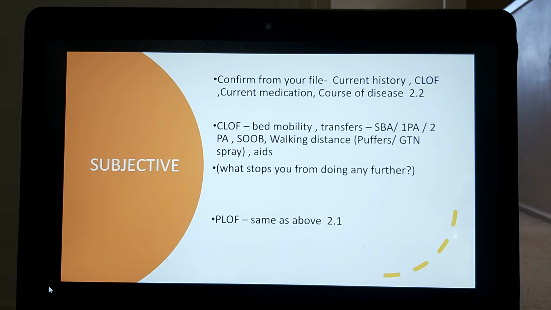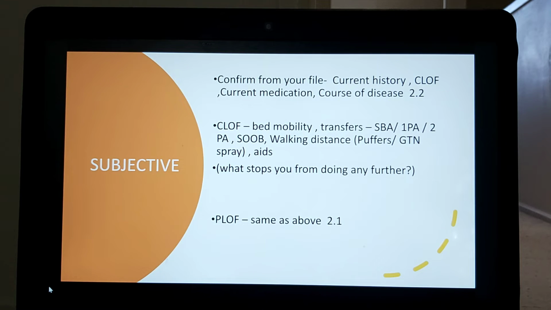Then also when you ask about transfers or walking distance, ask them if anything stops them from doing anything further. Like if you can't walk out of the room, then what's stopping you from walking out of the room? Is it breathlessness? Is it pain?